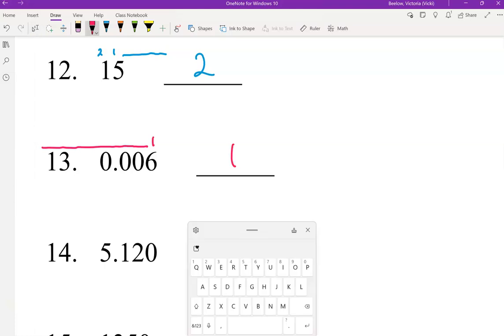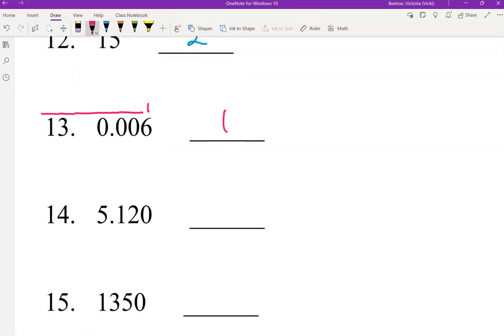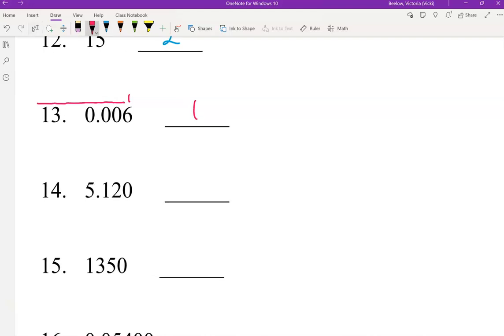So this one would actually only have 1 significant figure. For question 14, the decimal point is present. So again, I'm going to approach from the Pacific Ocean side, acting as though the number is the United States. The first number I come across that's not a 0 is the 5. So I would start there, counting that as significant and everything after it as significant. So this one would have 4 significant figures.